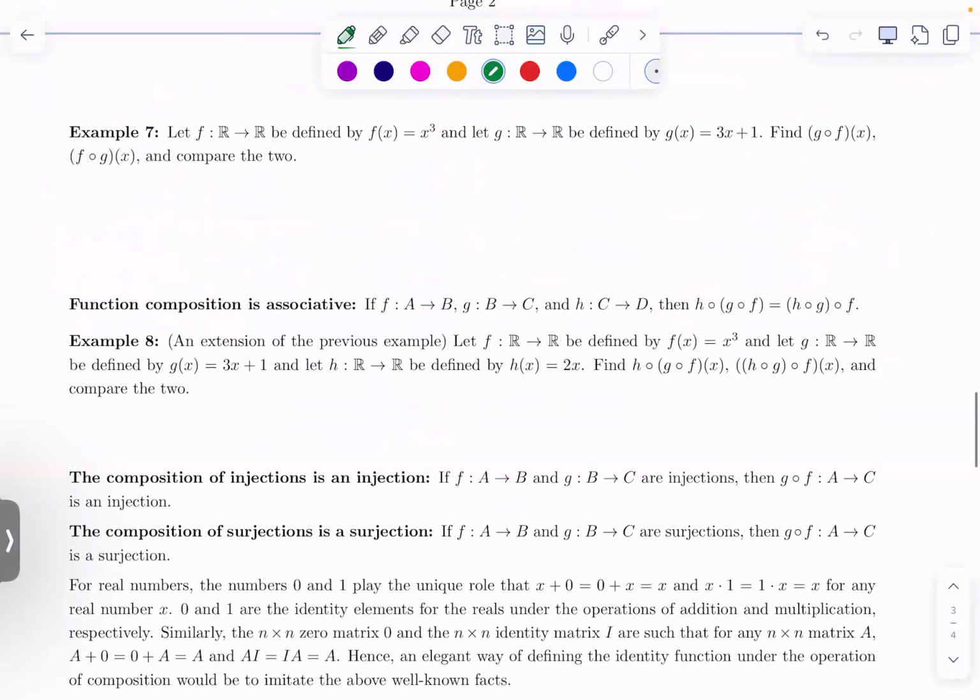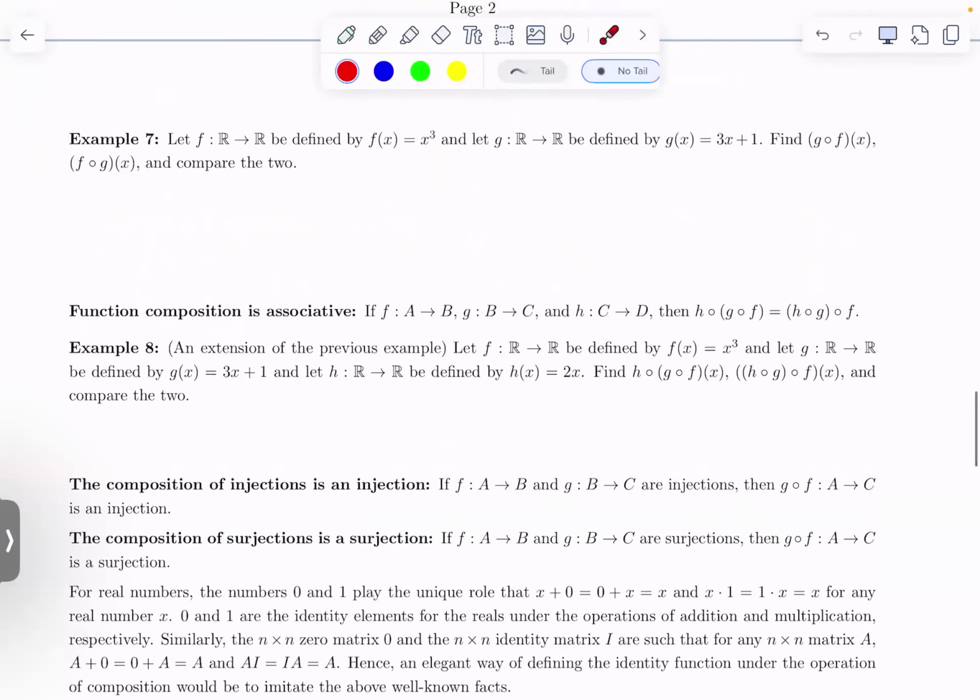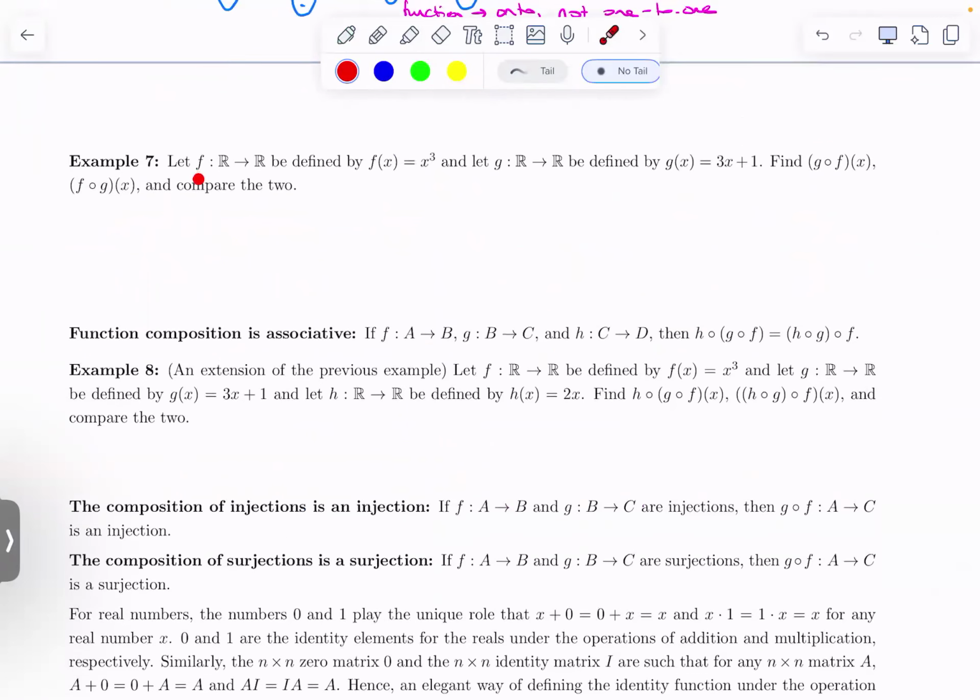What if we had a more grown-up function? f takes an input from the set of real numbers. The set of real numbers is what? It's from negative infinity to infinity, and it maps to negative infinity to infinity.